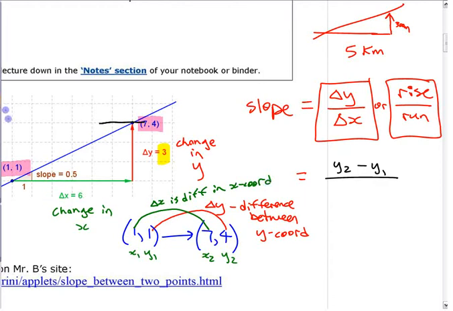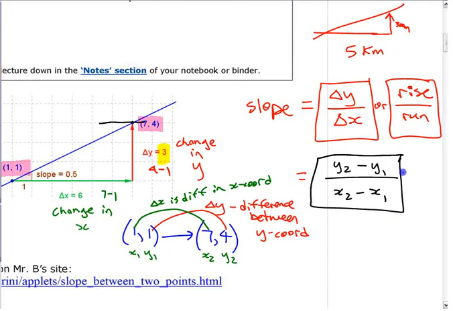This thing is 4 minus 1. This thing is 7 minus 1. So you can write a formula that says y2 minus y1 over x2 minus x1. That's another formula that's on the formula sheet. Any of those will give you what the slope is.